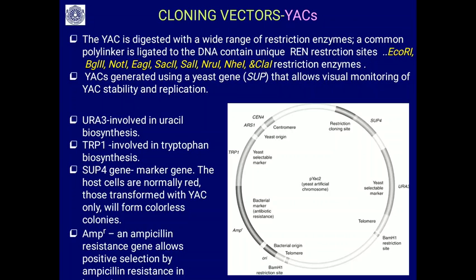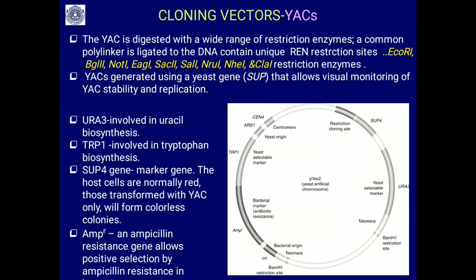So the artificial chromosome that is generated using the yeast gene called SUP allows visual monitoring of this vector, and we will know whether the yeast cell has been transformed or not with the help of the coloration in the colonies. Then it is easy for selection.